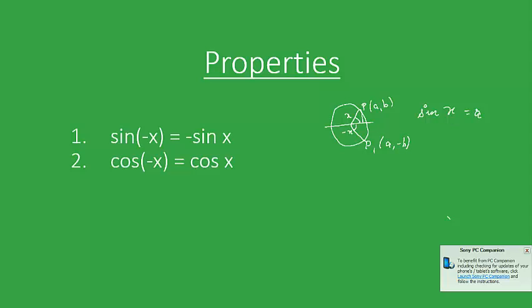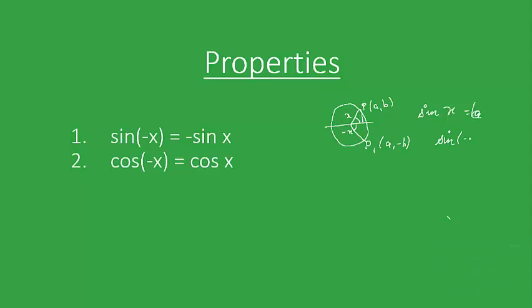Oh sorry, sin x will be equal to b here. I was mistaken here. Sin x equals b, and sine of minus x would come out to be minus b, which is minus of sin x. Therefore, the property is proved.